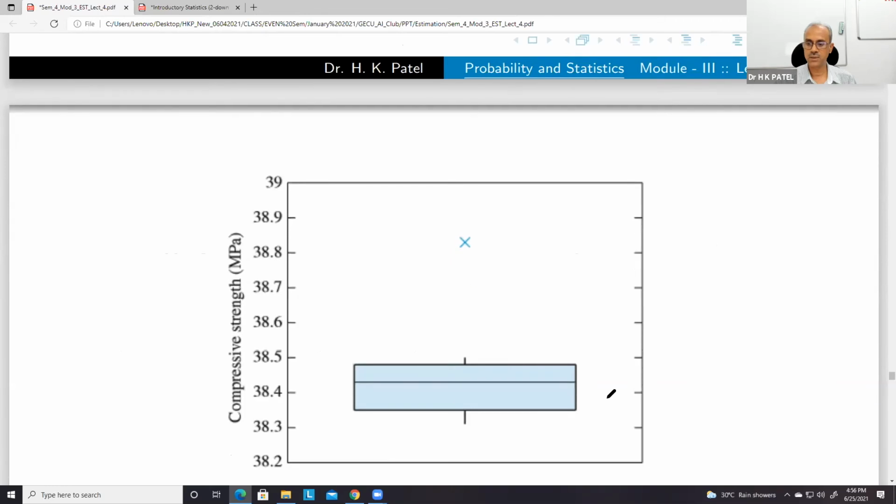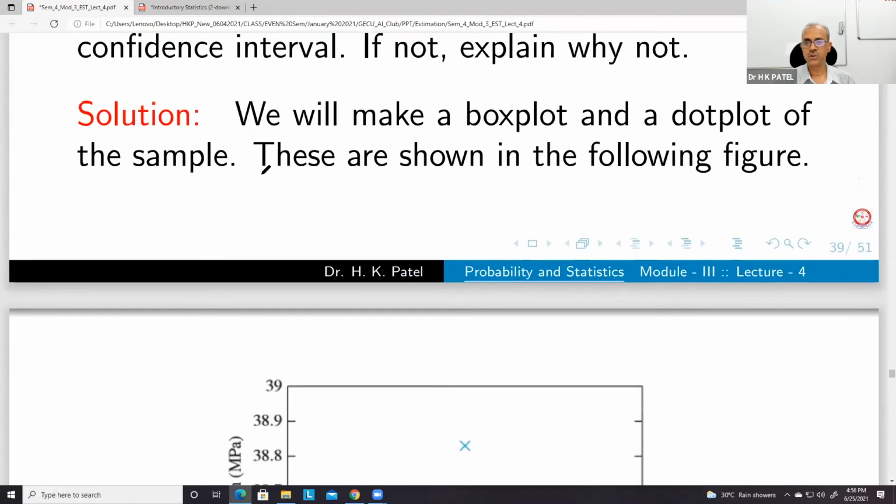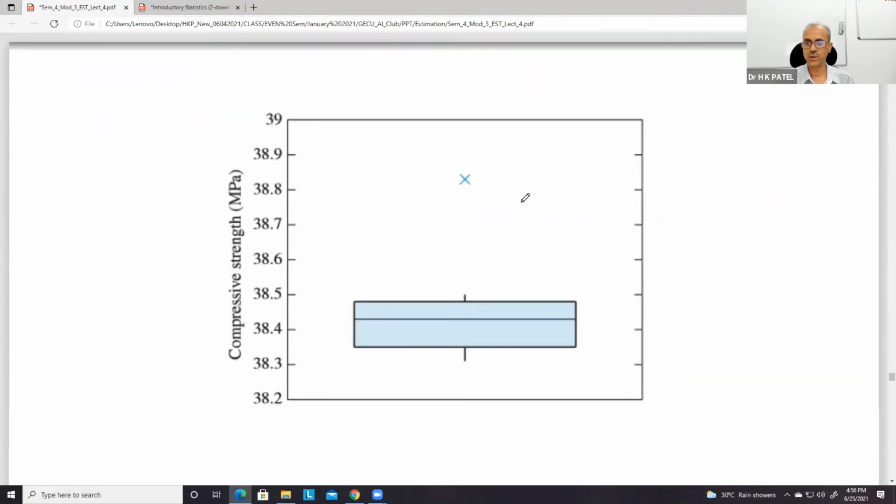Here a box plot is constructed, and you can see that a dot plot is also there, and there is an outlier. So we make a box plot and dot plot of the sample. These are shown in the figure.